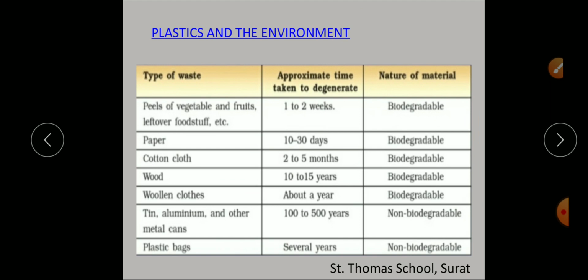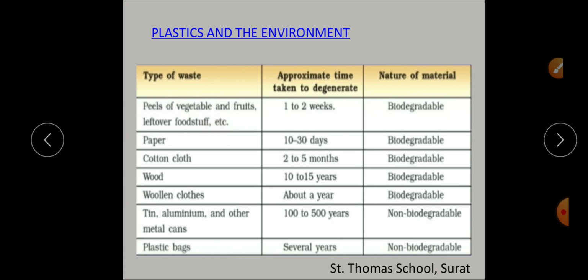The materials which get decomposed naturally by the action of bacteria are called what? They are called biodegradable. For example, household waste like peels of vegetables, fruits, and leftover foodstuff.